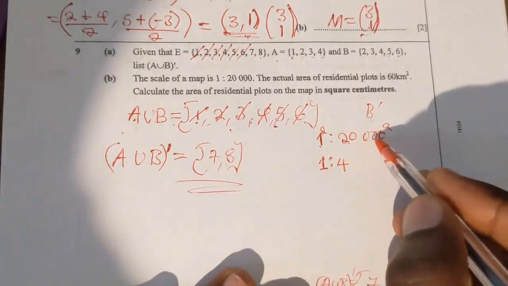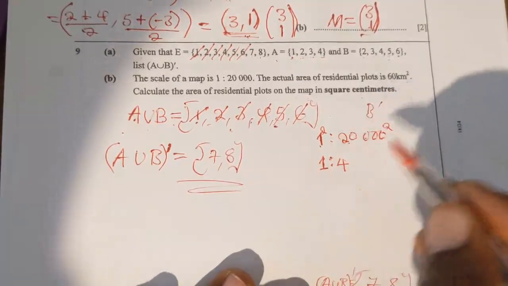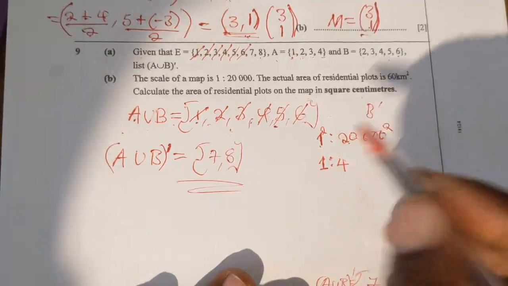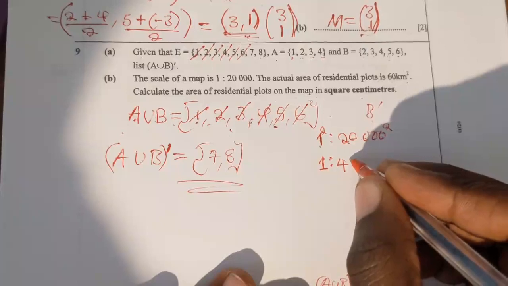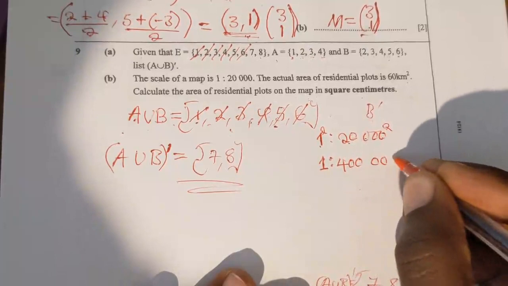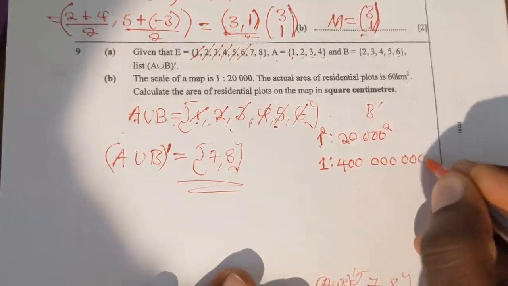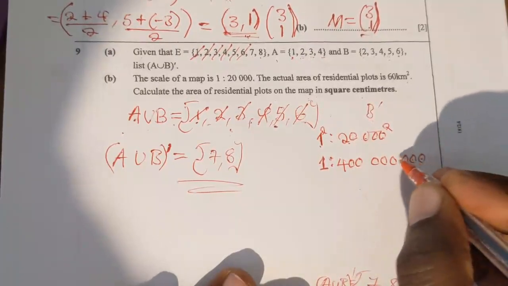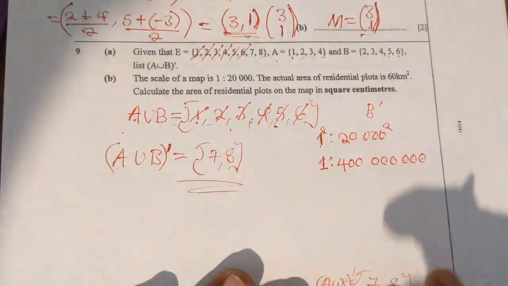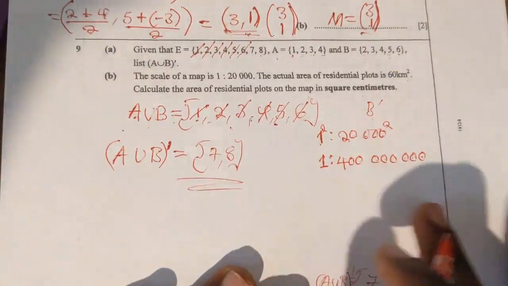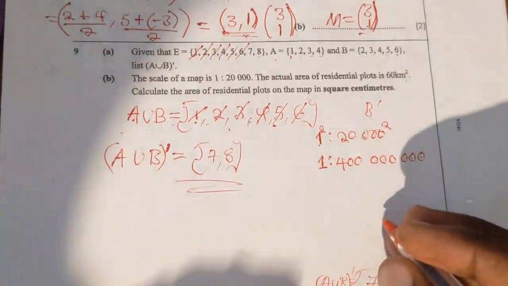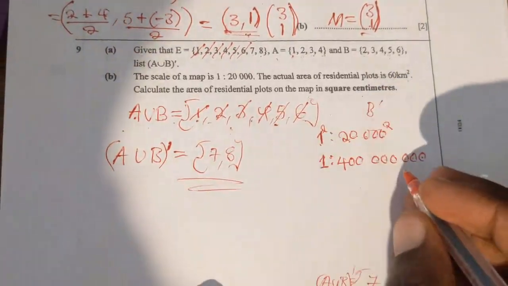These are 4 zeros, so they become 8 zeros. So that is your answer. You can prove it with a calculator if you want, but you are not using a calculator. So this is the formula that I want to teach you. This is the simplest.